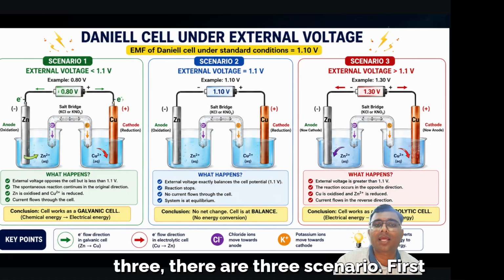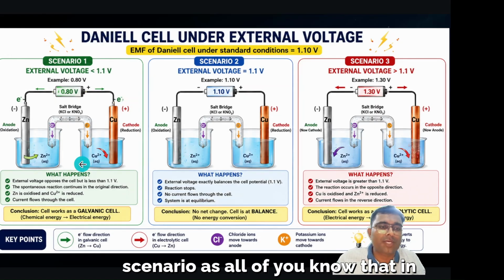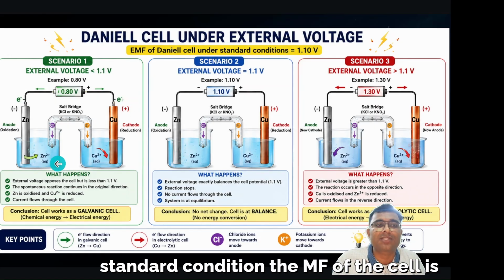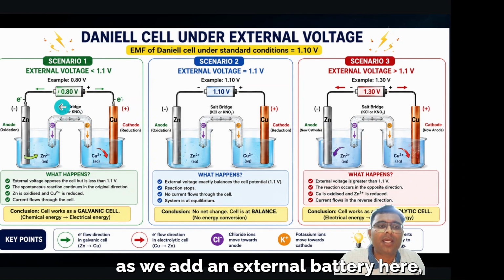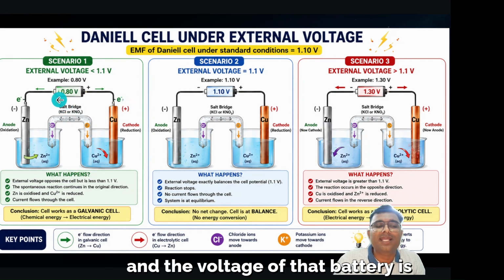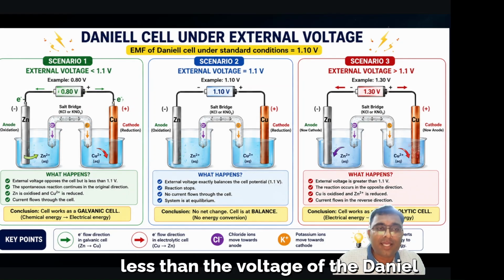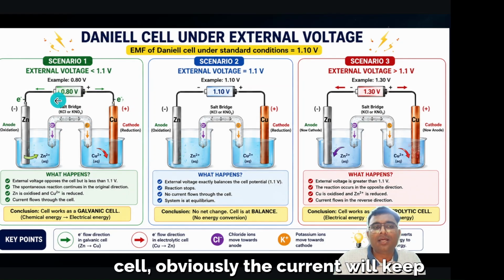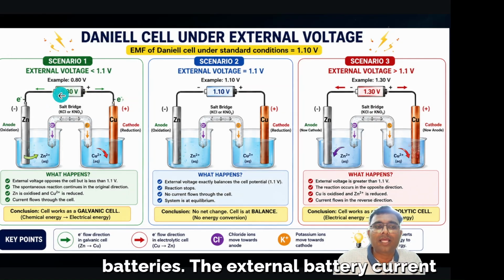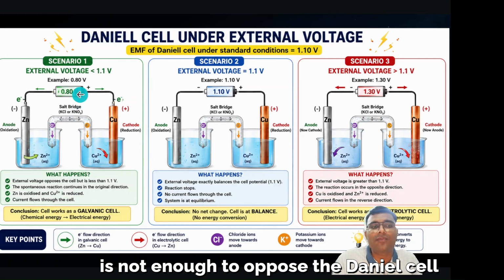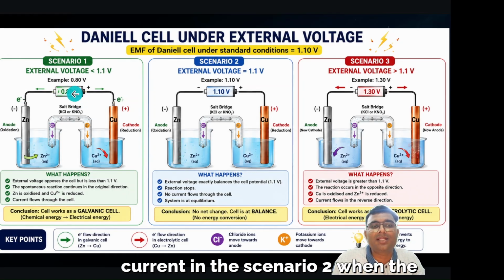So let's see. There are three scenarios. First scenario: as all of you know, in standard conditions the EMF of the cell is 1.10 volt. As we add an external battery here, and the voltage of that battery is less than the voltage of the Daniel cell, obviously the current will keep flowing in the same direction, because the external battery's current is not enough to oppose the Daniel cell current.